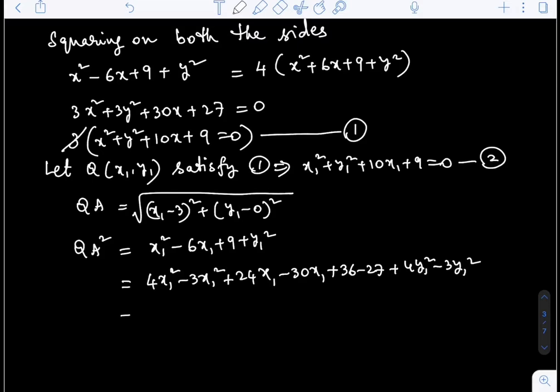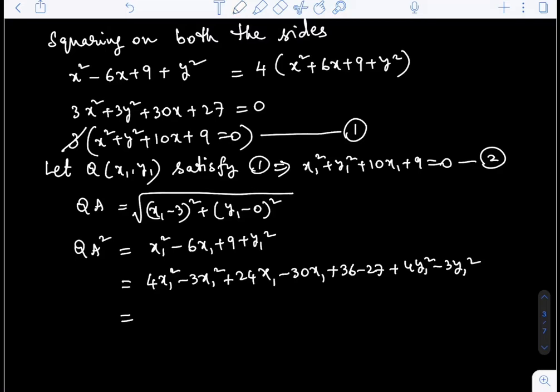Dear children, don't get confused. I will tell you once again. This x1 square is rewritten as 4 minus 3, which is 1. To get minus 6, I am taking 24 minus 30. For 9, taking 36 minus 27. Y1 means 4 minus 3. So I am taking all these terms here. Okay.